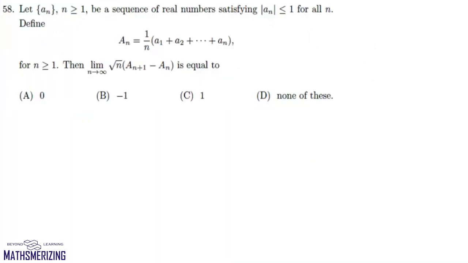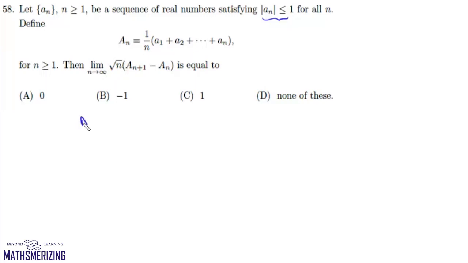Now here the question is, let an be a sequence of real numbers satisfying mod of an is less than or equal to 1 for all n. It has defined capital An as 1 upon n times (a1 plus a2 plus ... plus an). Then we need to find the limit, n tends to infinity, of under root n into (An plus 1 minus An), is equal to what?